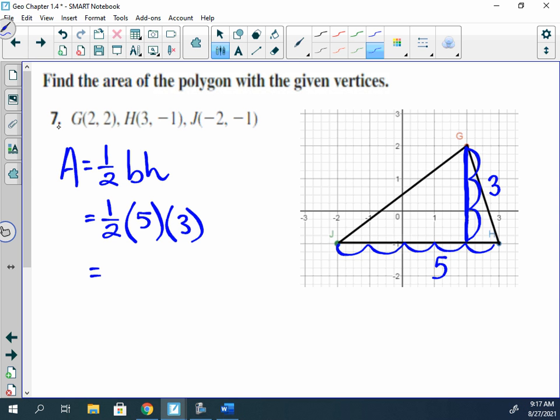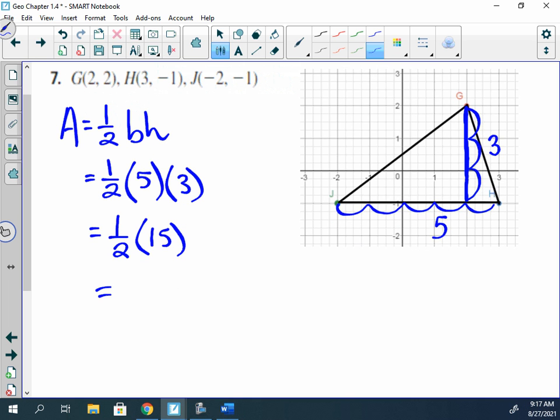Well, it's going to be a little difficult doing 1/2 of 5 because it's not an even number. So let's do 5 times 3 instead. Let's do it first. 5 times 3 is 15. Well, half of 15 is 7.5 units.